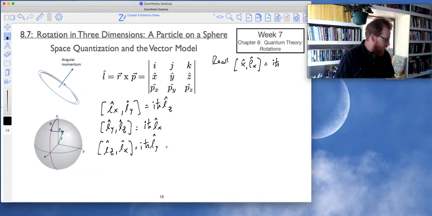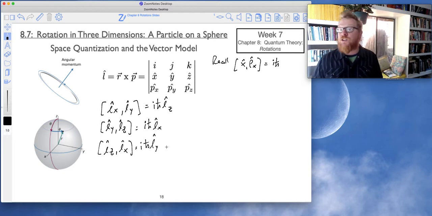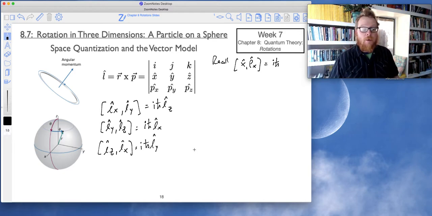So how are we going to do this? How are we going to specify this particle's total orbital angular momentum if by trying to specify any two dimensions, I then get uncertainty in the third dimension?